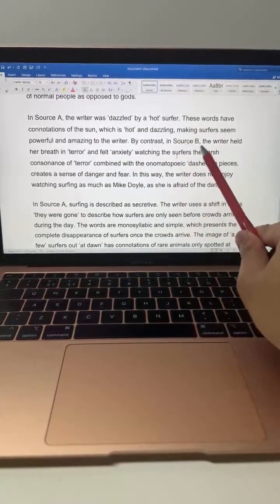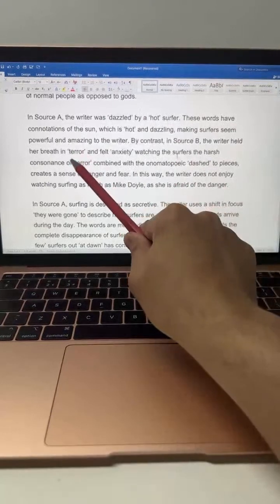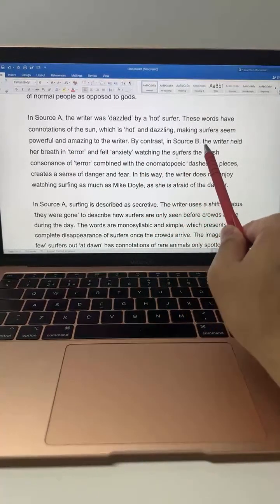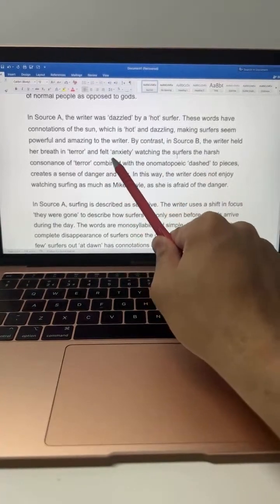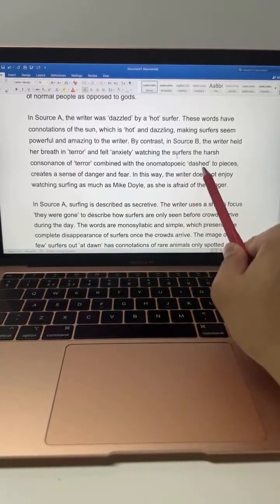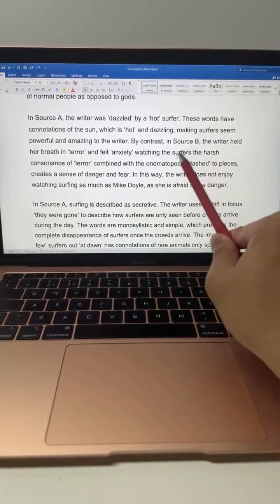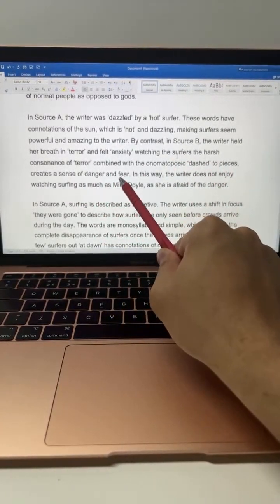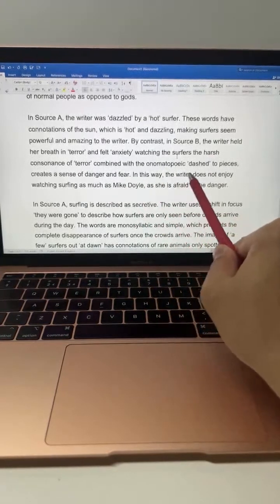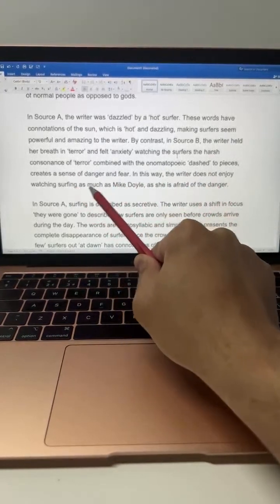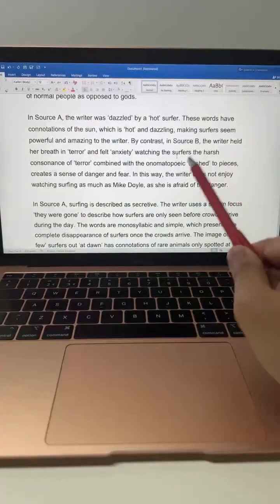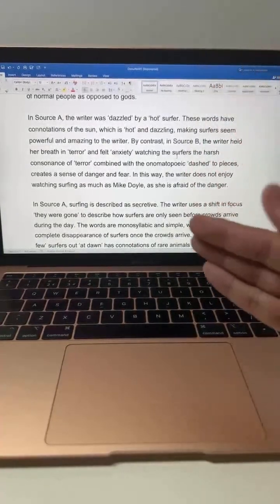By contrast, in Source B, the writer held her breath in terror and felt anxiety watching the surfers. The harsh consonants of terror combined with the onomatopoeic dashed, remember the sound, dashed to pieces, creates a sense of danger and fear. In this way, the writer does not enjoy watching surfing as much as Mike Doyle, as she is afraid of the danger. So that is focusing on the writer's perspectives.